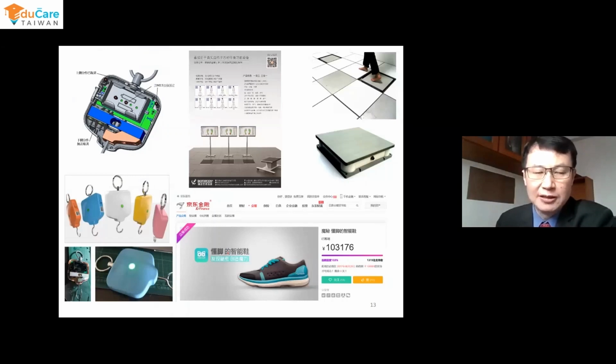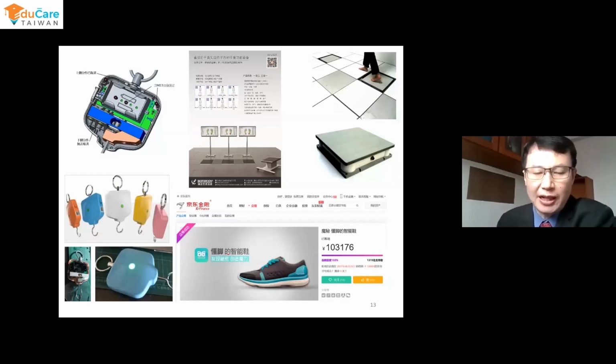For example, on the left you can see the drip used in hospitals. On the right side is about walking. You will see a lot of people have walking problems, so we need instruments to measure their data.